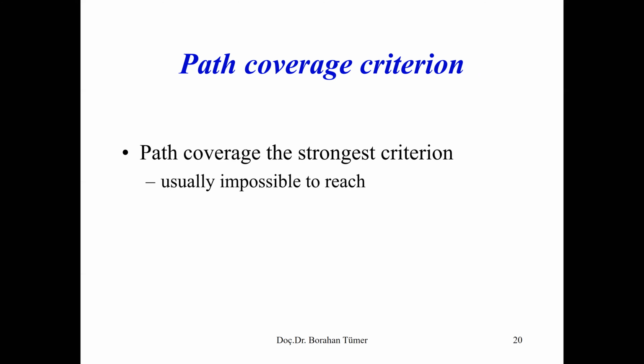Path coverage criterion being the strongest criterion among all, what difference may it have between itself and the multi-condition coverage criterion? Can you think of it? Try to give an answer.